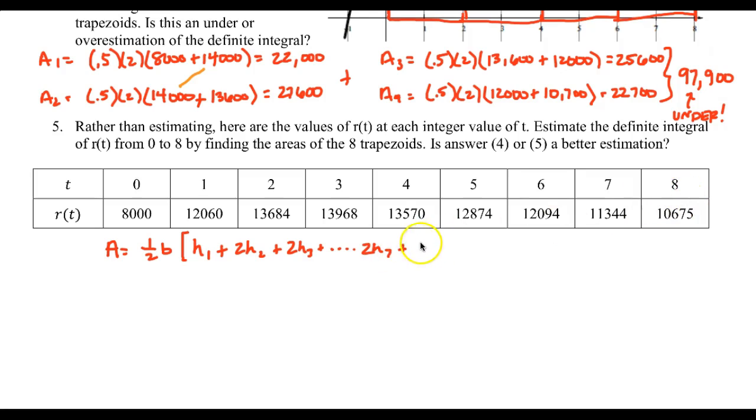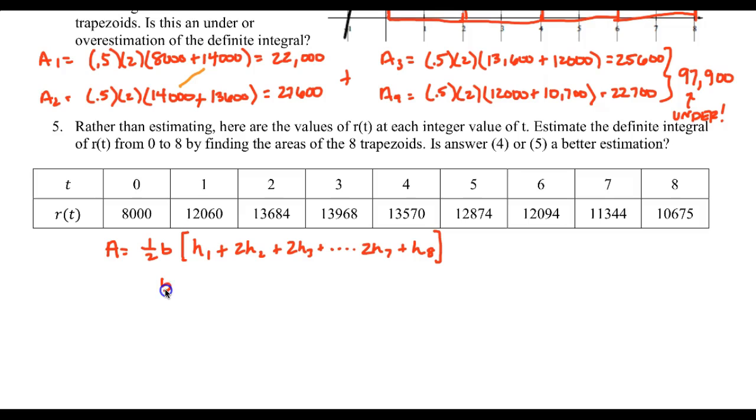And then the last height will be unique as well. So sort of like how this 10,700 was unique. So I have this new formula that I can use to calculate the sum of all of these trapezoids. Because they share the same base, I can do it this way.